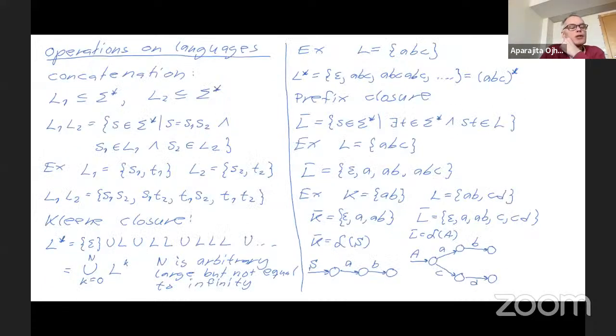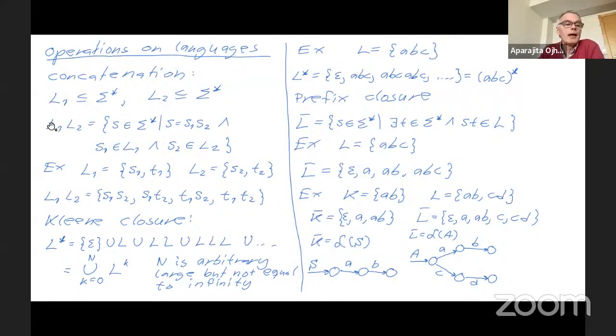Then we have operations on languages. Note that we had first some operations on strings, and now we talk about operations on languages. The first one is concatenation, and we assume that the first language L1 is a subset of sigma star, as well as L2.